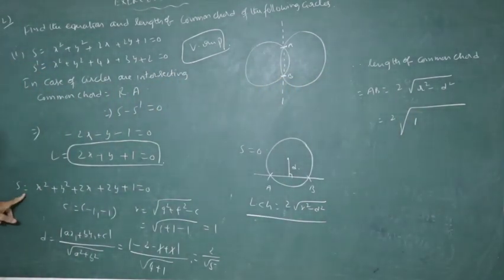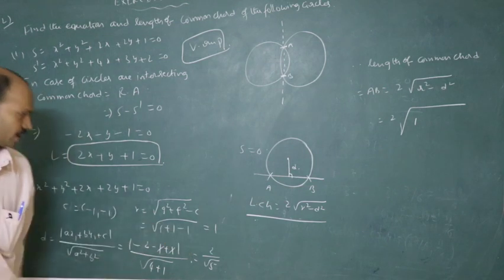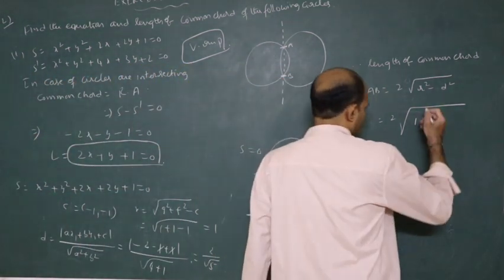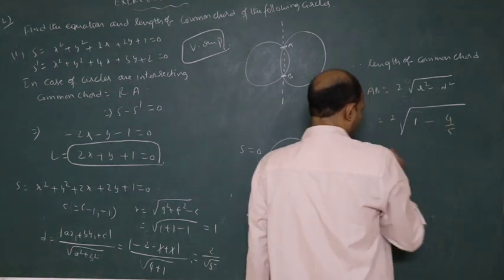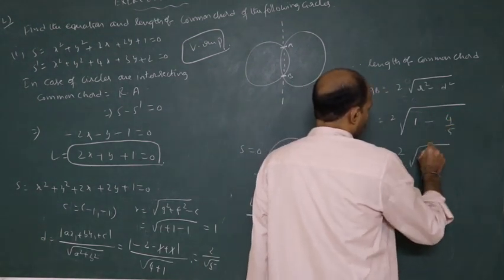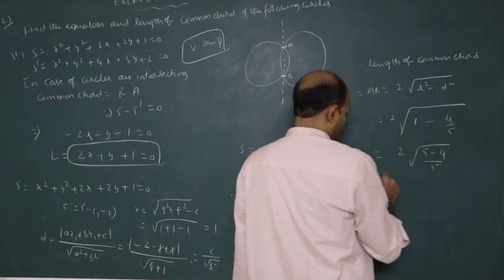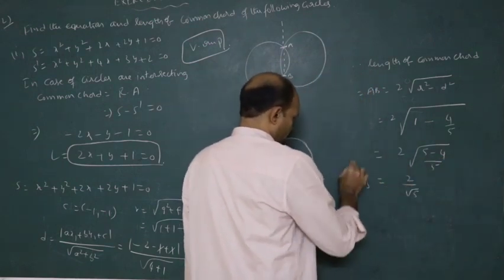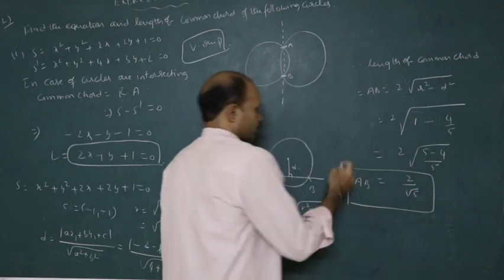R is the radius of this circle; you have to take the radius related to that circle only. R square is 1 minus d square, which is 4 by 5. So 2 into root of 1 minus 4 by 5, which is 2 by root 5. This is your answer for the length of the chord.